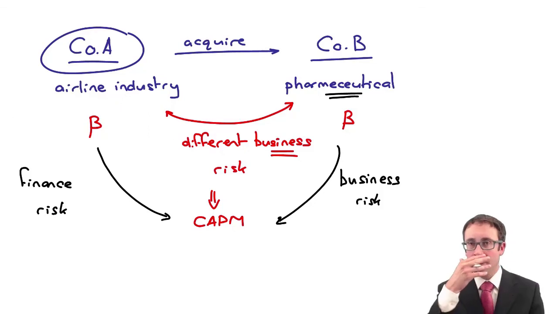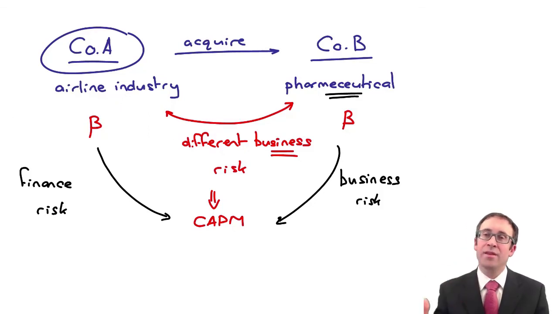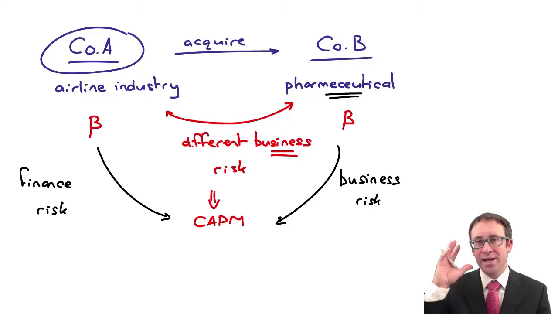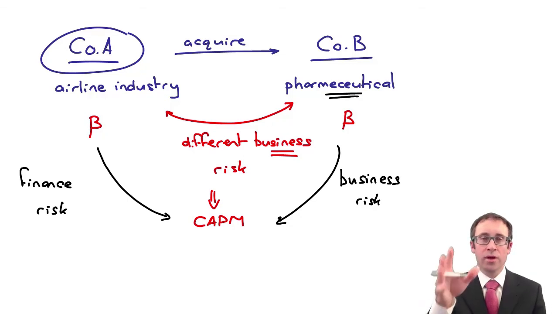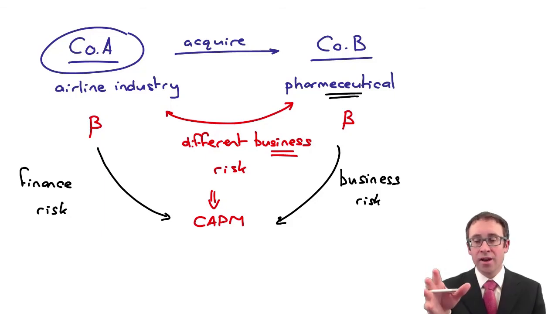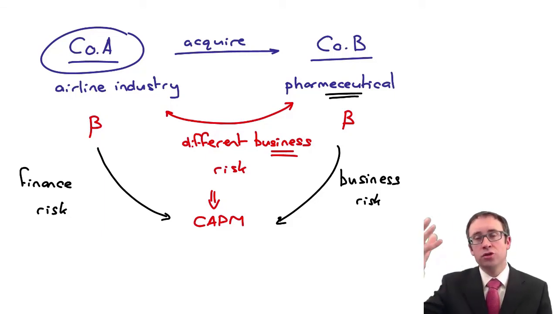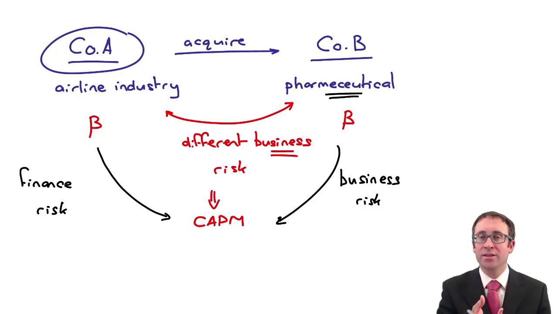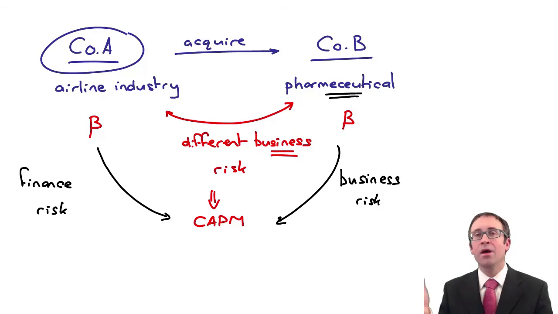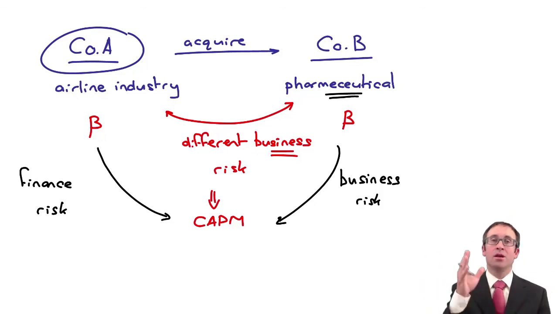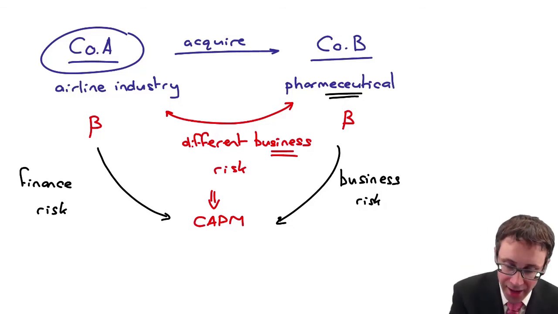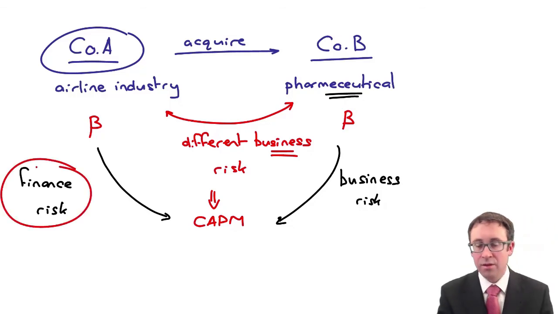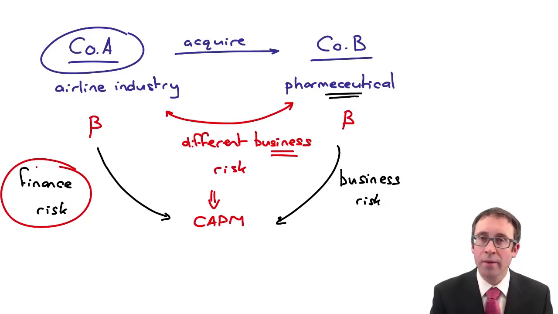We identify a business that we're looking to acquire, look at a beta that reflects the business risk and the finance risk of that company, and strip out the finance risk, so effectively de-gear it, like we've just done. But then there'll be another step to re-gear it to work out the geared beta that reflects the finance risk as well.